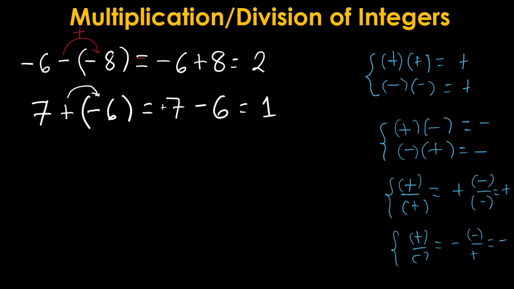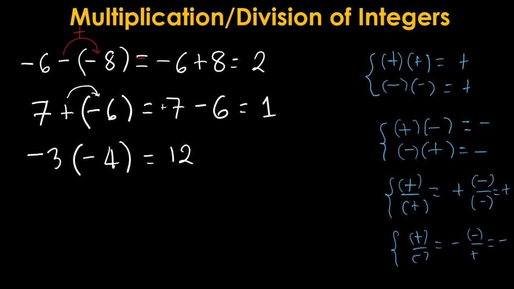Let's try another one, say if you have something like this, negative 3 times negative 4. This is pure multiplication. So you multiply the sign first. Negative times negative is positive. No need to write the sign if it's the only number in there. Then 3 times 4 is 12.